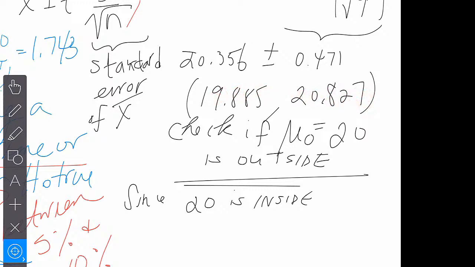So it gets captured in the confidence interval around the sample result. So since it's inside, the test is not significant. We didn't find anything unusual.